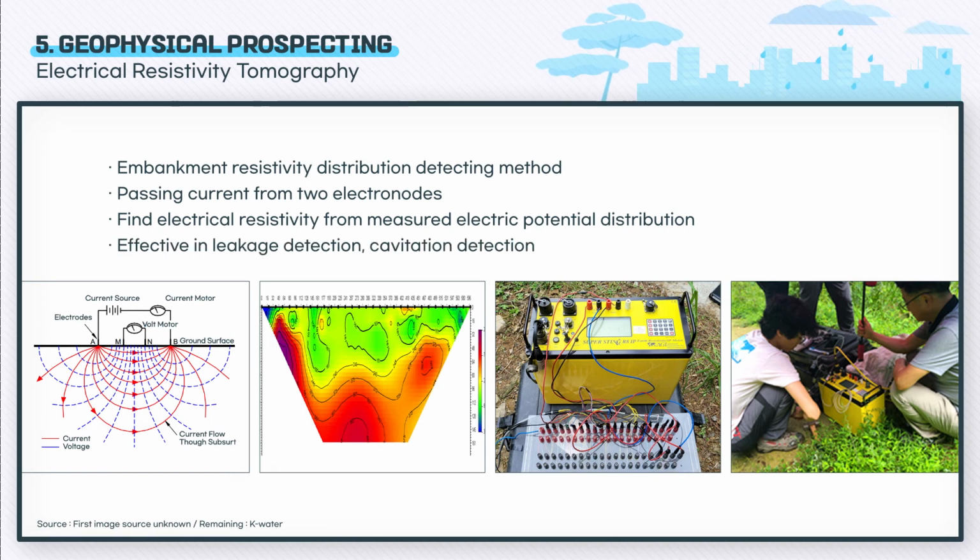When an electric resistivity tomography is conducted on various sides of a dam body using the same method, the results can be combined to ascertain the geological structure or underground water distribution of the banks and within the dam.